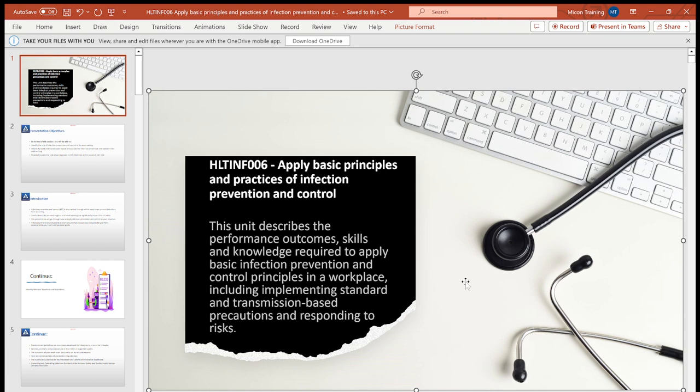It gives us the basic understanding on how to implement standard and how to avoid any transmission-based infection. It gives us the transmission-based precaution, as well as how best we can respond to the risk associated with infection control in our job or in our workplace.